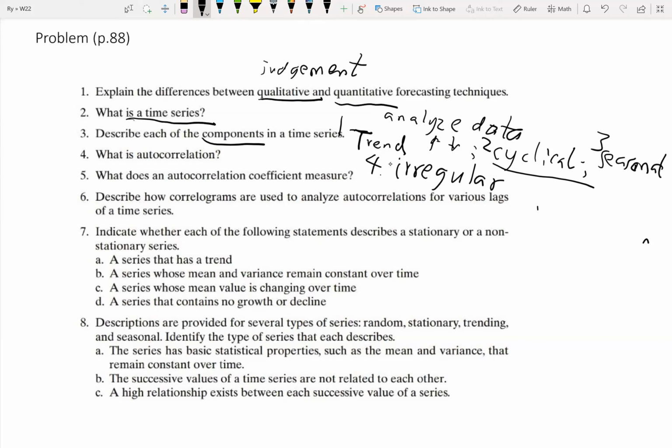It is other factors, other things in the data. It is whatever is left. When you remove trend, you remove cyclical, you remove seasonal, whatever is left, that is the irregular.